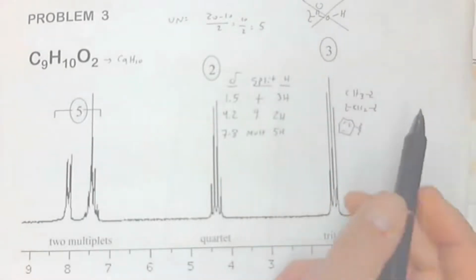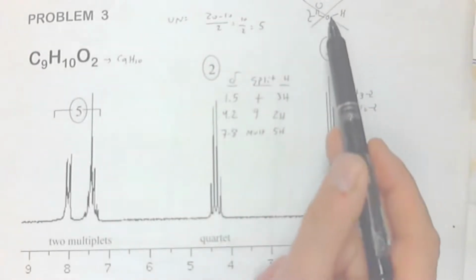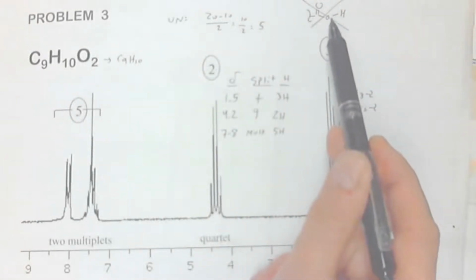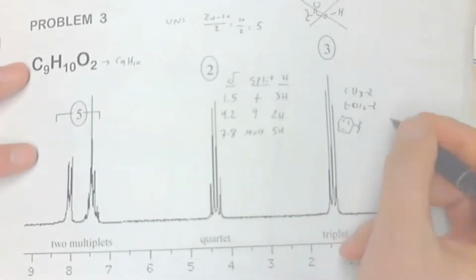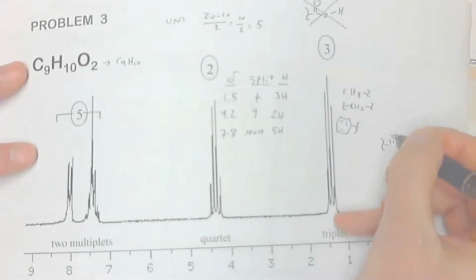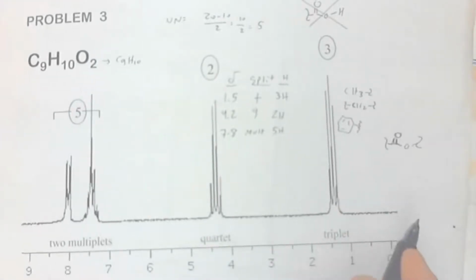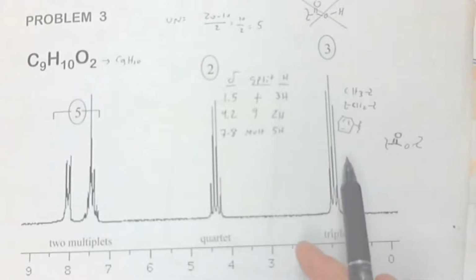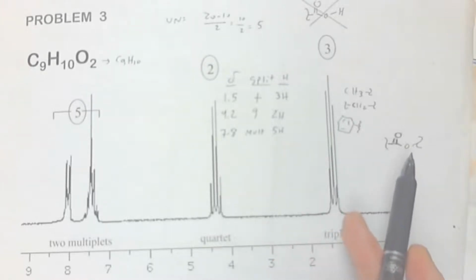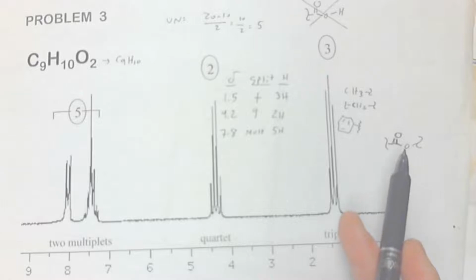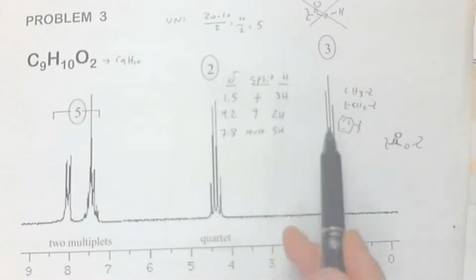But I see in the comments the correct answer, which is ester, right? Because this minus the proton is an ester, right? Cool. Wonderful. All right, so it's an ester. The reason it's not an acid is because that would have an extra proton. And the other thing is we already counted for all the protons, right?